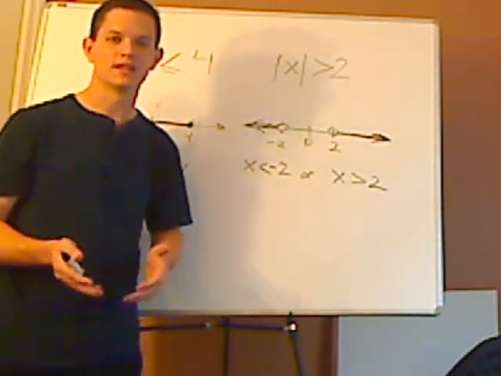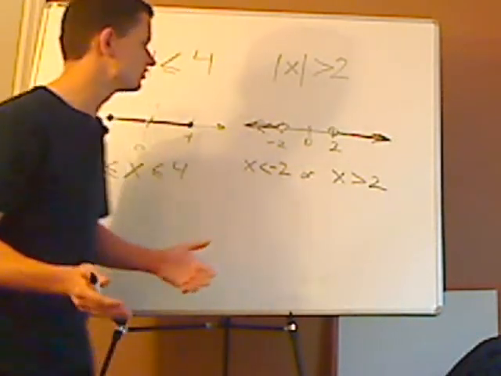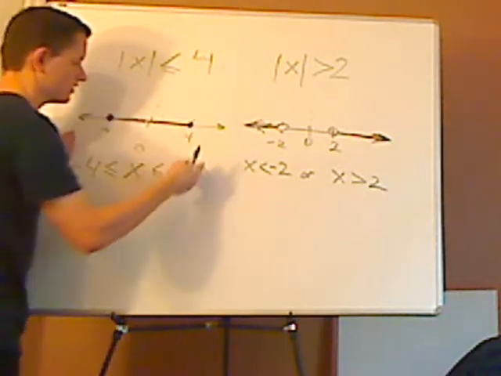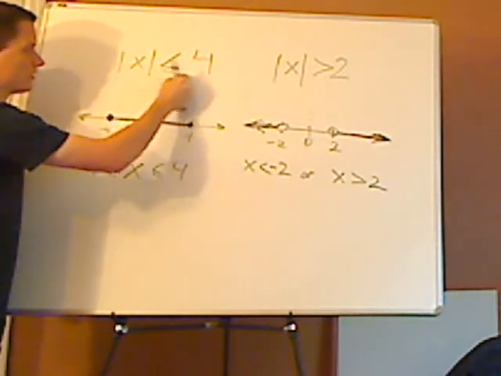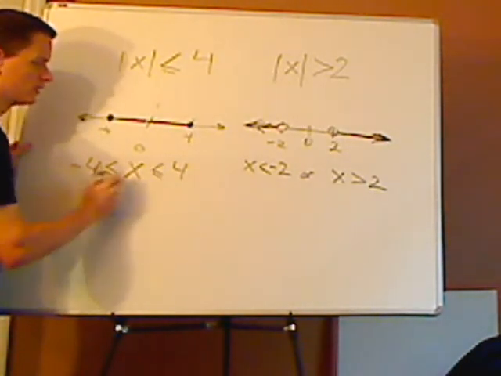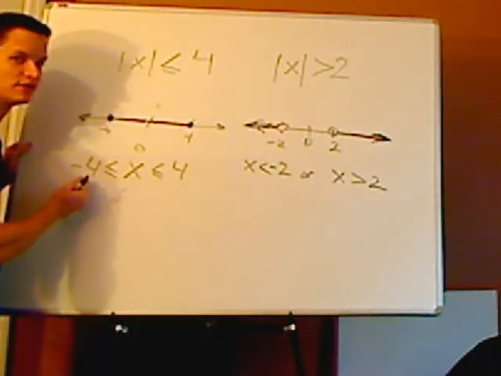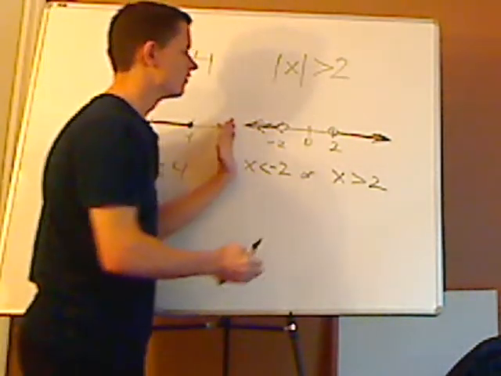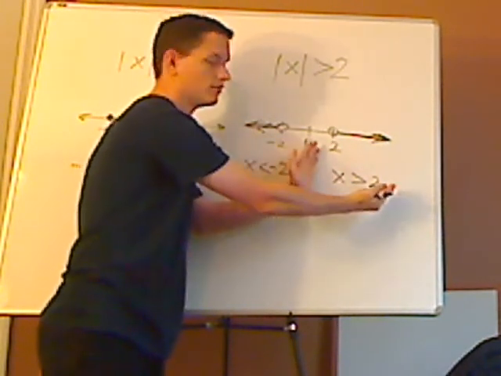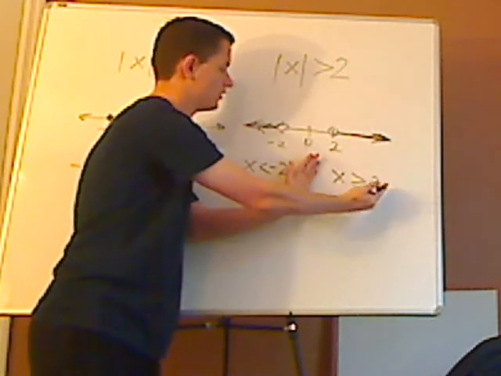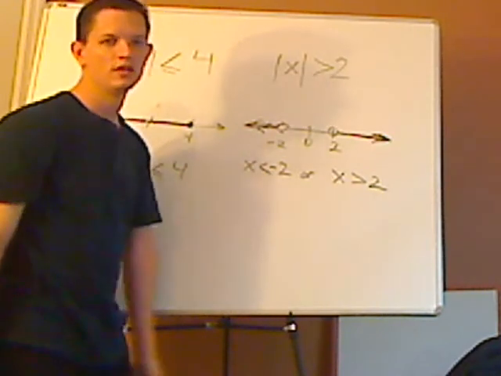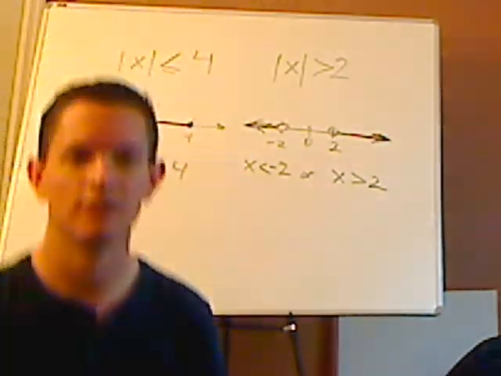And if nothing works, that's the empty set, no solution. But if these are positive, then you just follow this. If it's less than or equal to 4, it's going to be an in-betweener, in between such numbers. One's the positive, the other one's the negative. And then when it's greater than, it's going to be an or situation. It's either this inequality, as you see it, or this, where you change the sign and also flip the inequality sign. And that's it.